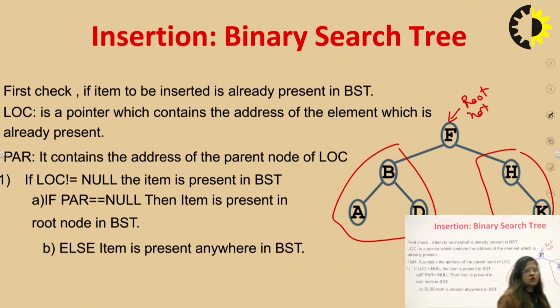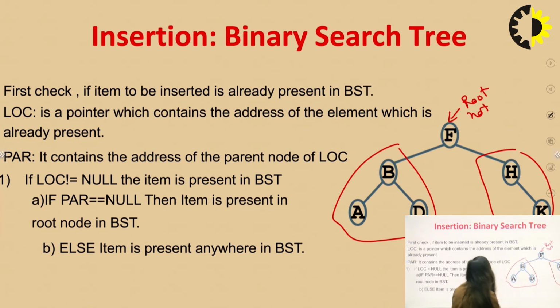So first of all check: you want to insert a new number. First, you want to insert H. According to this diagram, H is already present. So first check if the item to be inserted is already present. Then take two pointers. The first pointer is location, LOC, and the second pointer is PAR. PAR means parent node.